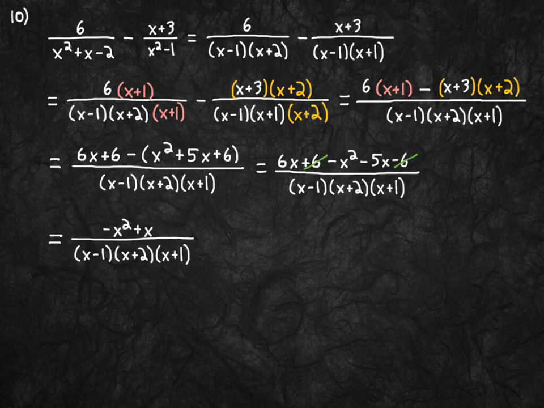Now what I would do here, we tend to like our leading coefficients to be positive rather than negative. And I do have to factor out the common factor of x in the numerator. So I'll factor out a negative x. And that'll make the first term of my binomial positive.